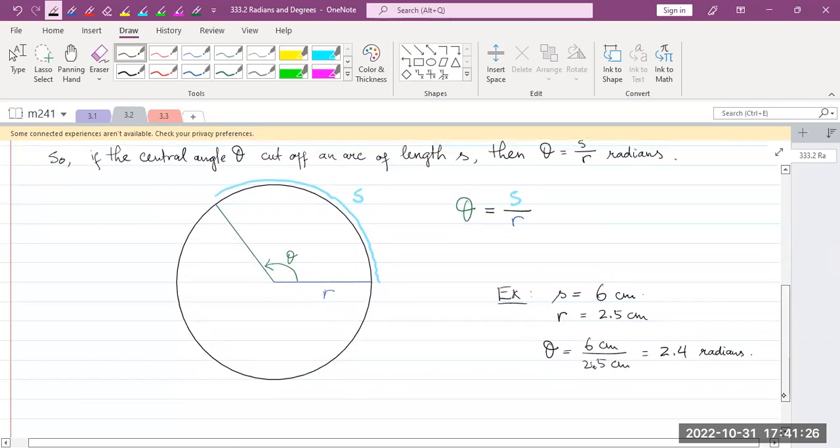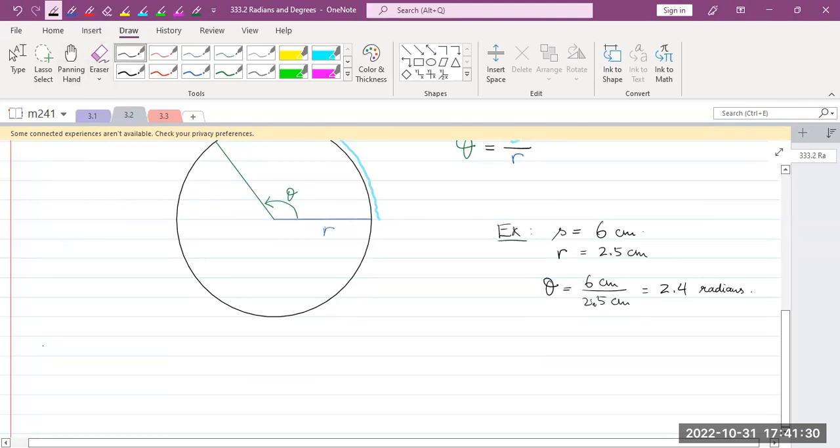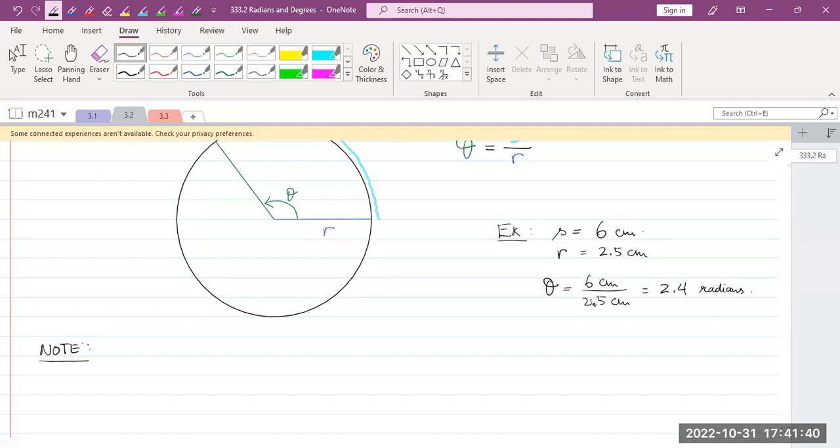Now, some note, and this is a very important note, by the way. Besides teaching you the trick, I need to also teach you the tradition behind the trigonometry.